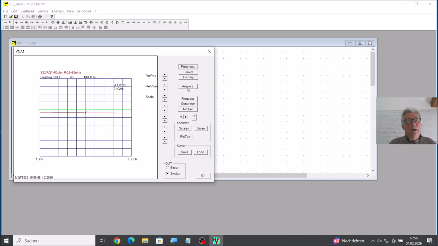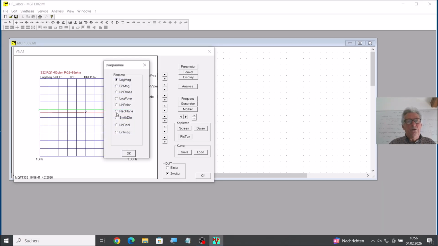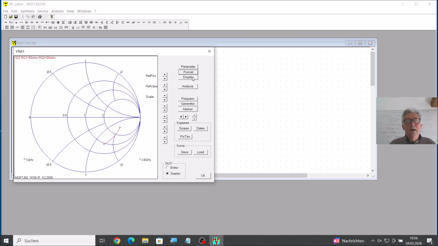Do the analysis now, and we change our format to this Smith chart format or Smith diagram, and we can also use here the marker function to read out the value of our reflection coefficient at 2.4 gigahertz.